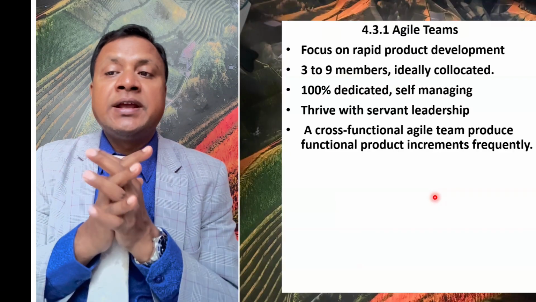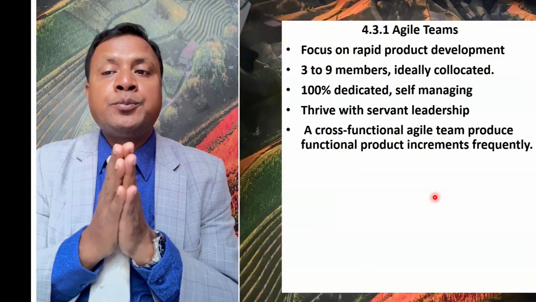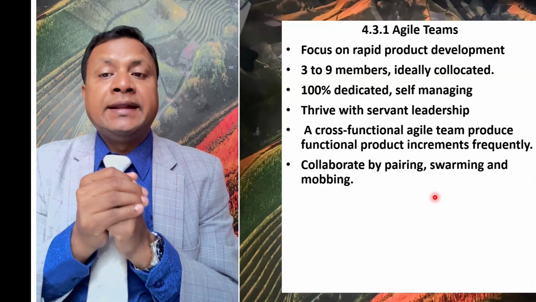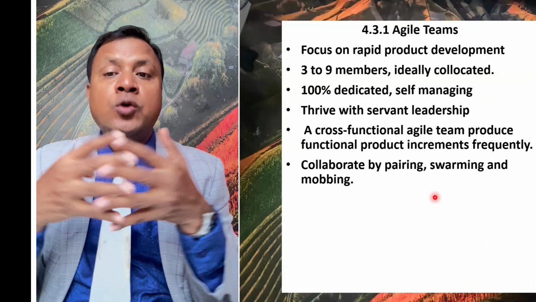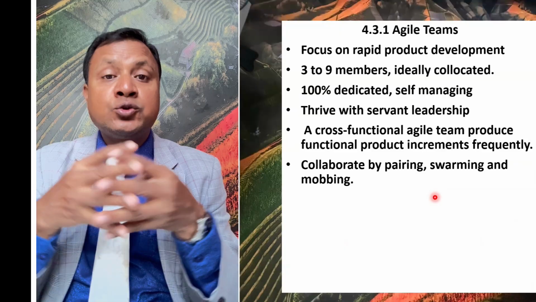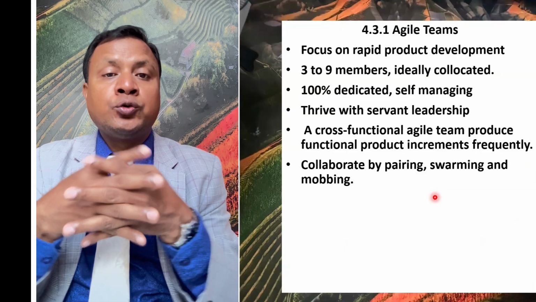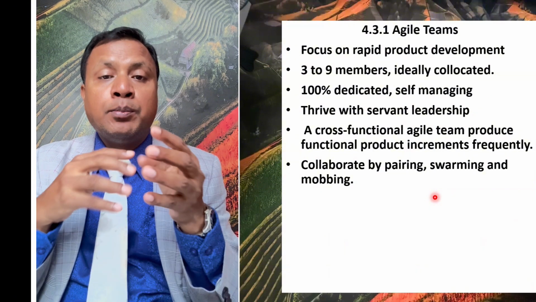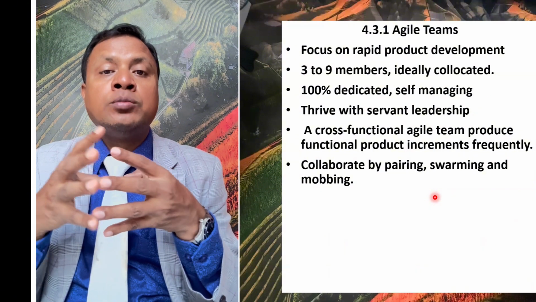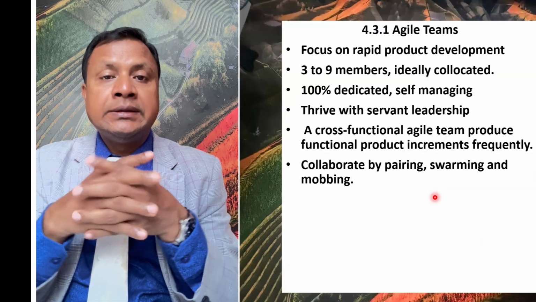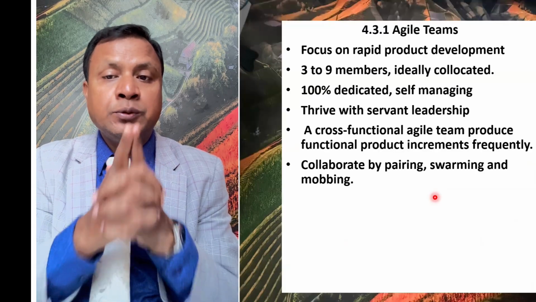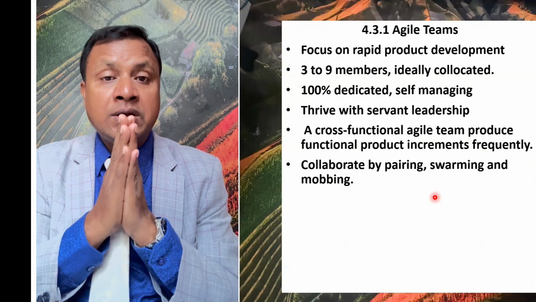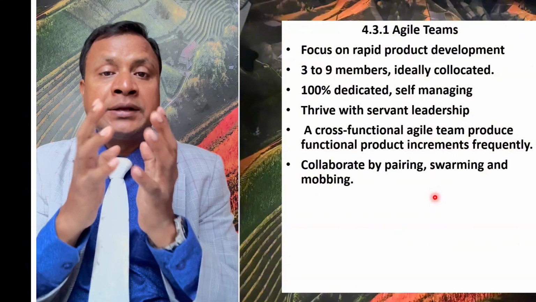So a cross-functional agile team produces functional product increments frequently and quickly, and they collaborate by pairing, swarming and moving. Pairing means 2 persons work together with the same skill. Swarming means more than 2 members from different groups work together for achieving a specific goal. Moving means all the team members work to achieve one goal at a time together.